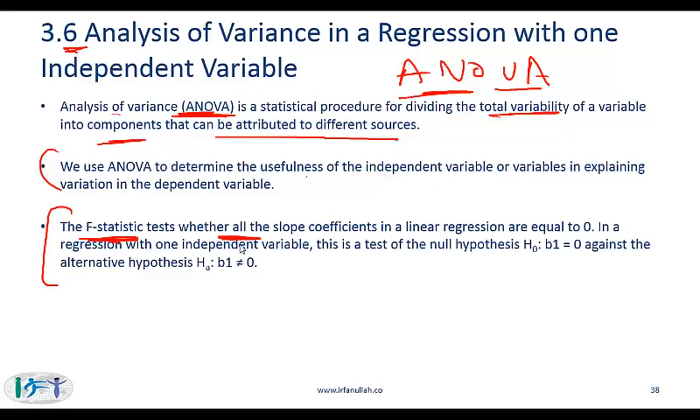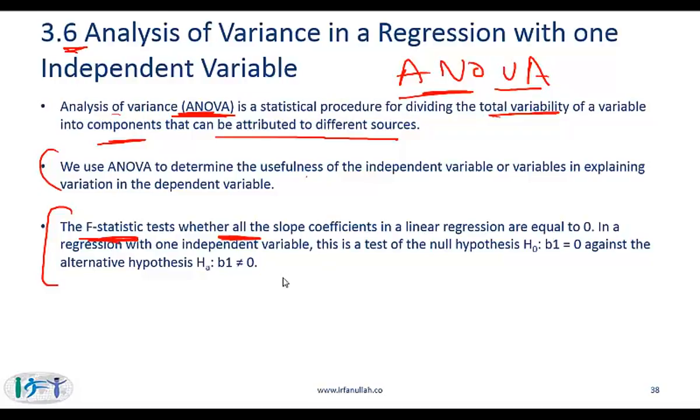This is one test which is not just looking at one coefficient at a time, it is looking at all coefficients collectively. And you are trying to determine whether the coefficients are equal to 0 or not. As an analyst, what do you want? Do you want the coefficients to be 0 or not to be 0? You will want them not to be 0, because if they are 0, then you are not saying anything.